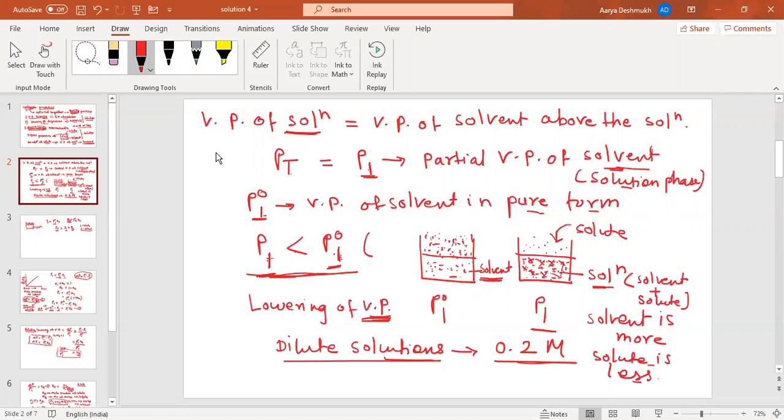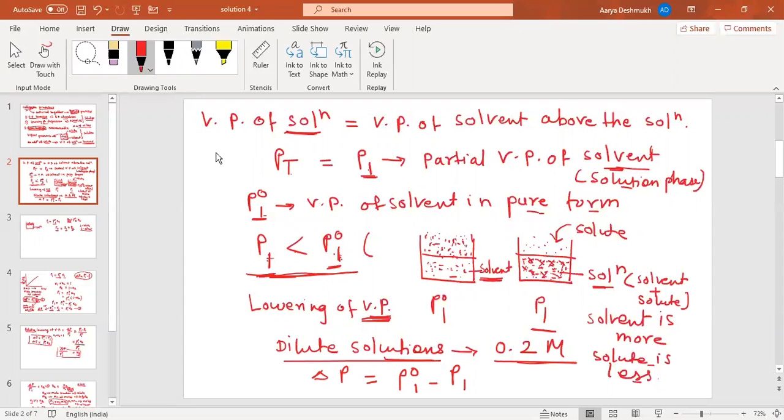This change in the vapor pressure is the lowering in vapor pressure, which is denoted by delta P. So delta P is equal to P01 minus P1. This delta P is nothing but the lowering in the vapor pressure.